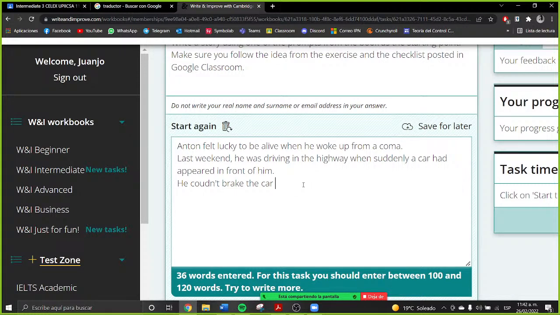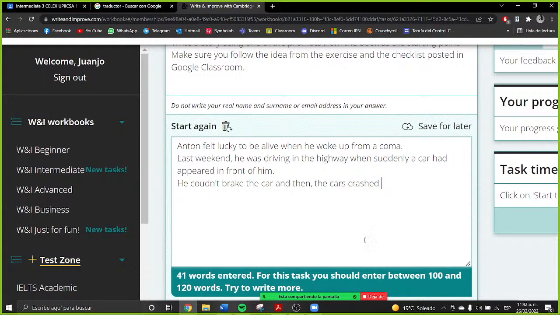Yep. And then the car's collision. The car's crash, ¿no? He couldn't brake the car. And them, ¿no? The cars, it might be crashed or collided. In this case, and then, the cars crashed, ¿no?